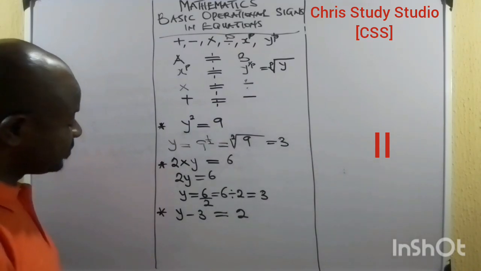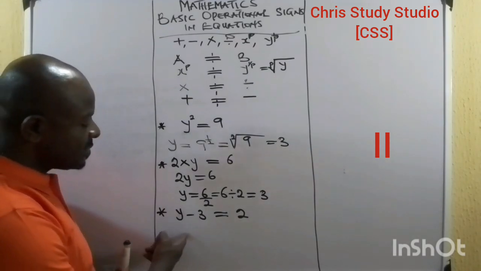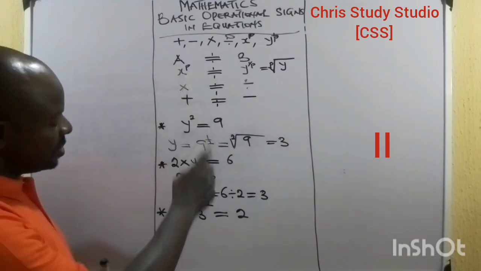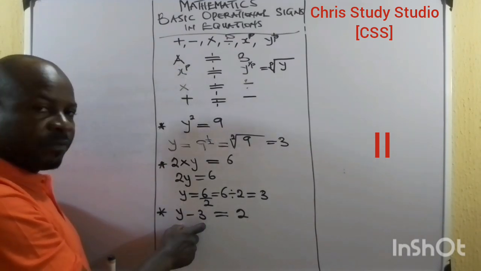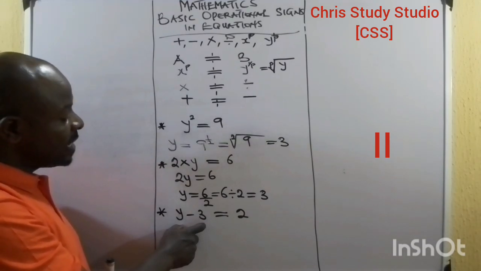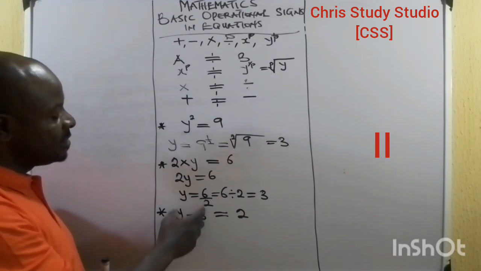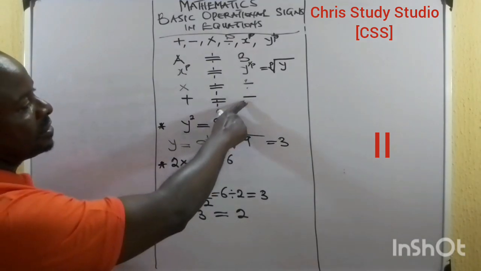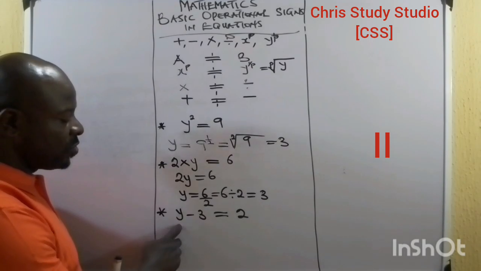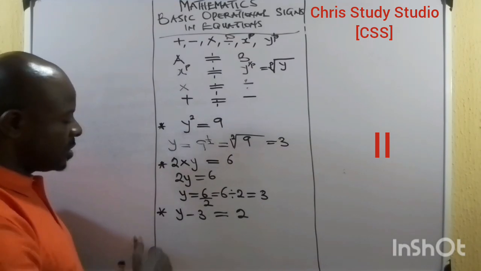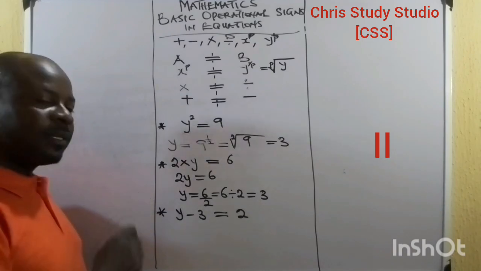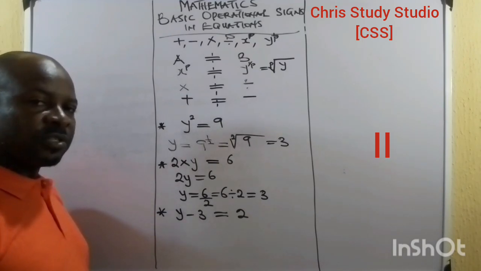And then what do we do? We ask the question, what is the operation happening between y and minus 3? What is the functionality? It means the functionality there is subtraction. So we say, since the relationship between the y and 3 is subtraction, let us move 3, having in mind that they have a subtracting relationship.